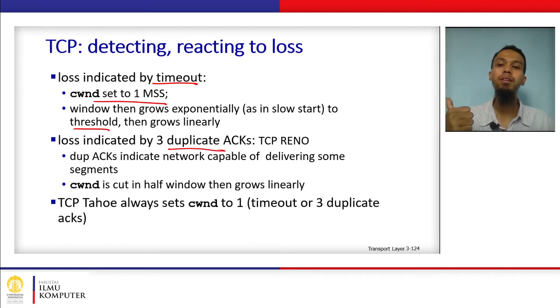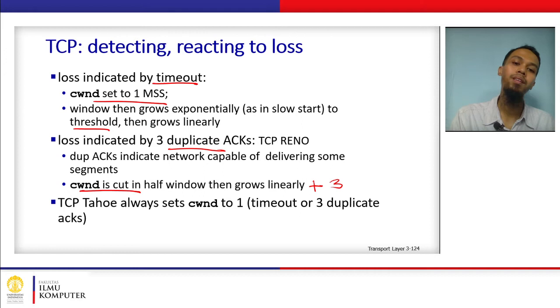Now especially for TCP Reno, if the packet loss is indicated by the 3 duplicate ACK, the next congestion window will be cut in half. But then actually there is an addition here. It will be added to 3. Well, we'll see in the next slides when we are talking about the TCP Reno implementation.